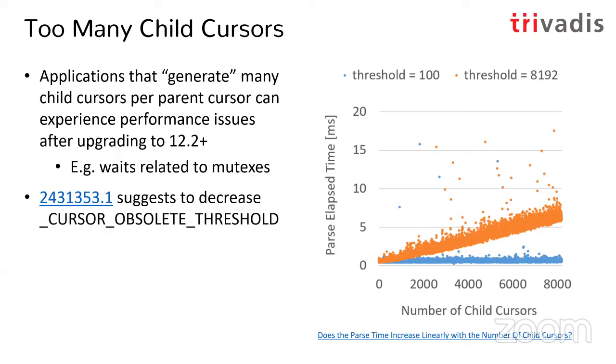For example, after an upgrade from 12.1 to 12.2, this value was increased, and if you have a system with a lot of children, you might get some additional problems. And on this slide, I linked a MOS note where Oracle also suggests that in some situations you can decrease the cursor obsolete threshold. Okay, so that's something that can happen.